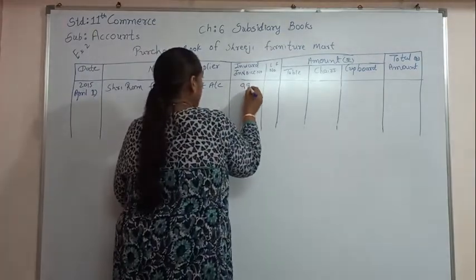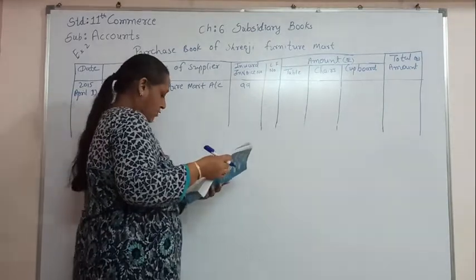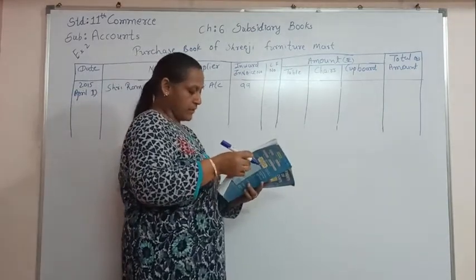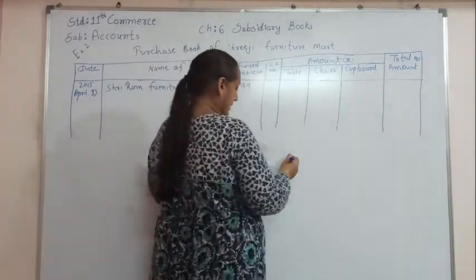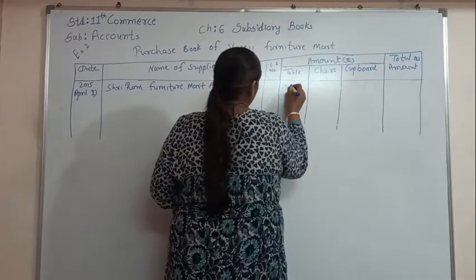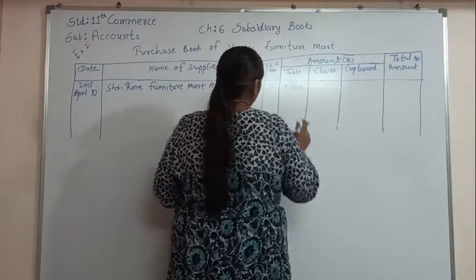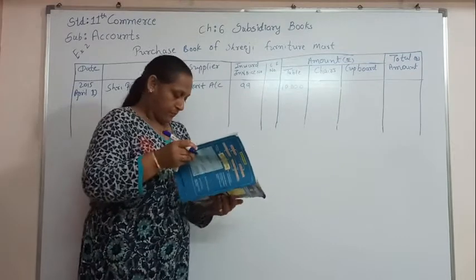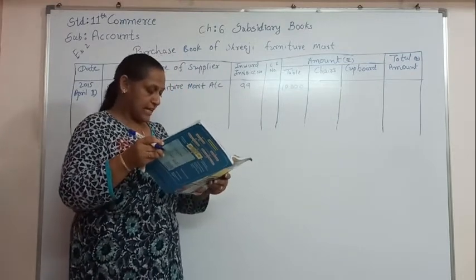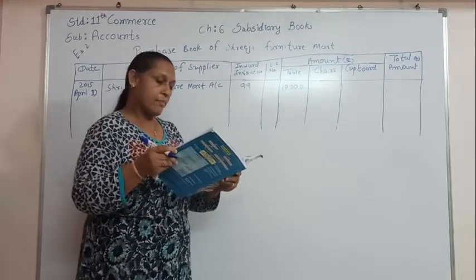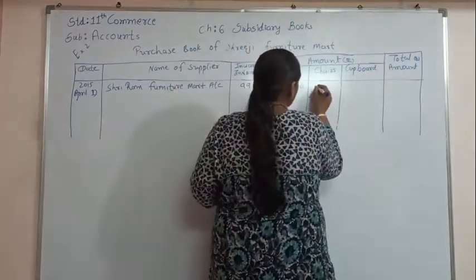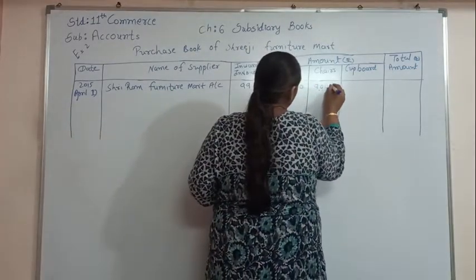And here we have purchased 10 tables at 1000 per piece, so it will be 10,000. Then again we can see next is 15 chairs at 600 per piece, so 15 into 600, that will be 9,000 for the chairs.